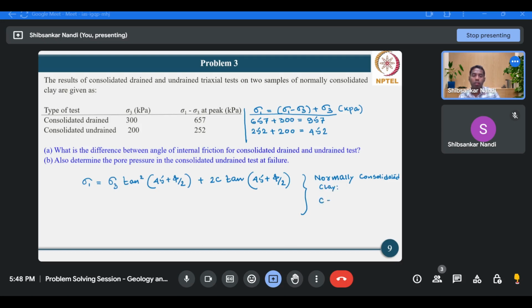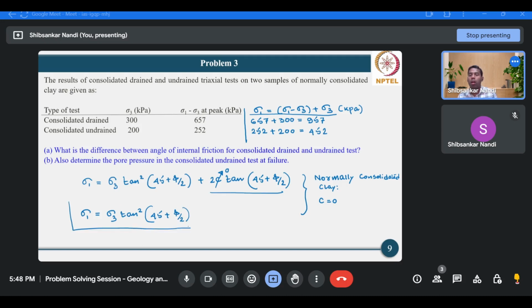So the c value will be 0. If the c value becomes 0, then the second part will vanish, leaving behind sigma 1 equals sigma 3 tan square 45 plus phi by 2.